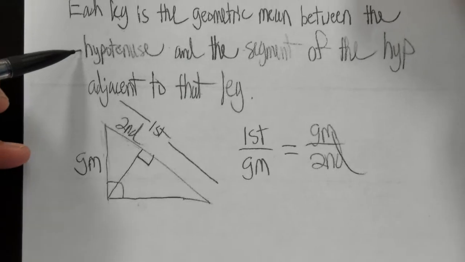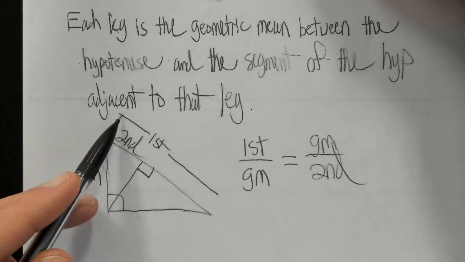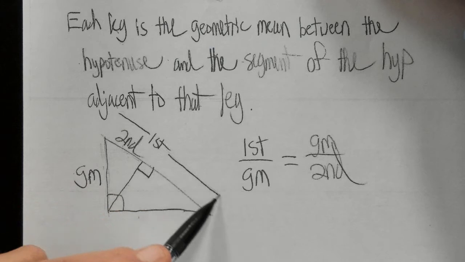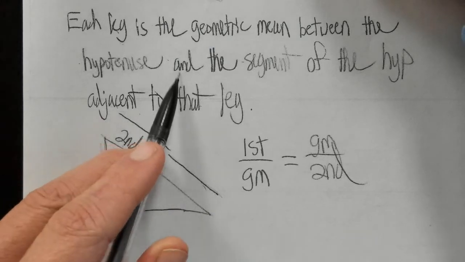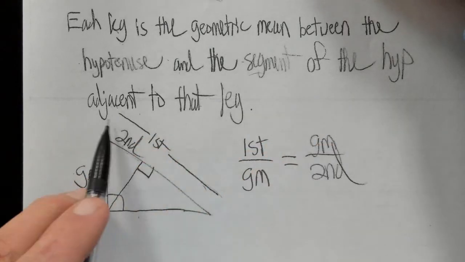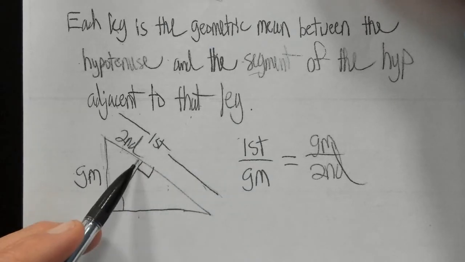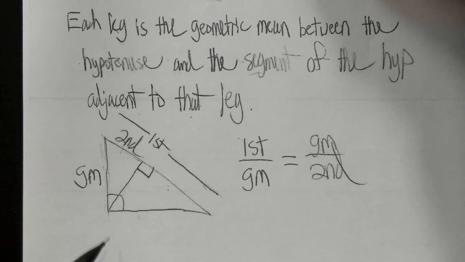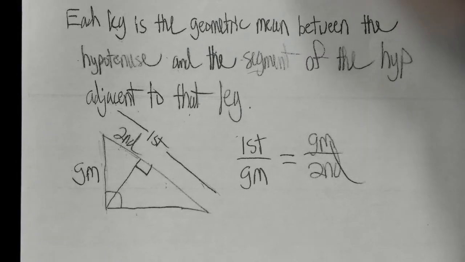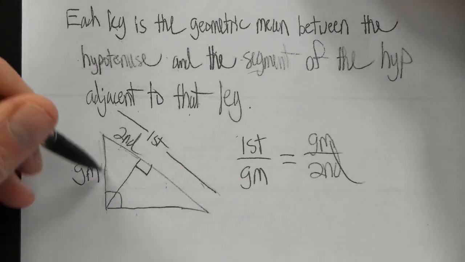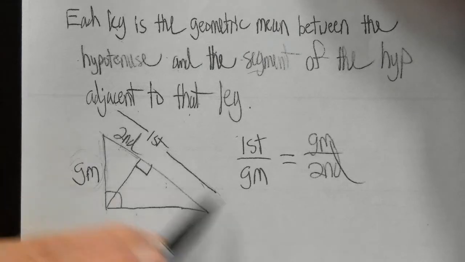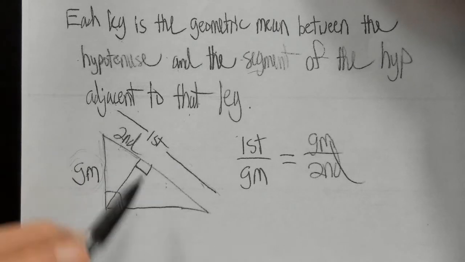Now that means the entire hypotenuse, the whole thing. So the first number is the entire hypotenuse, and the second is the segment of the hypotenuse adjacent to that leg. So out of the two pieces, your second number is the piece that's adjacent to or connected to that leg. All right? So this leg is the geometric mean of the whole hypotenuse and the piece that's connected to that leg.